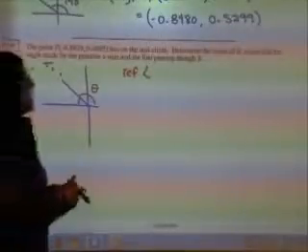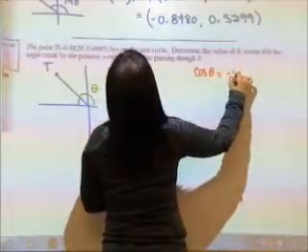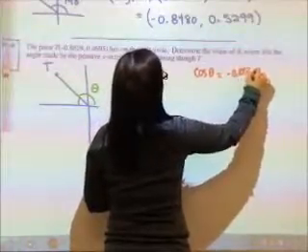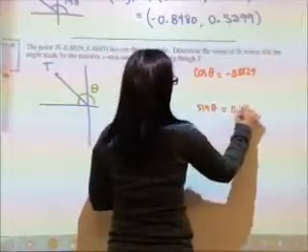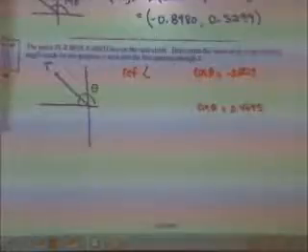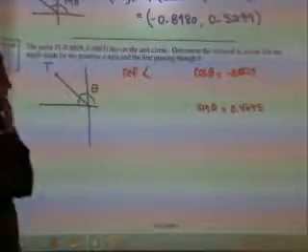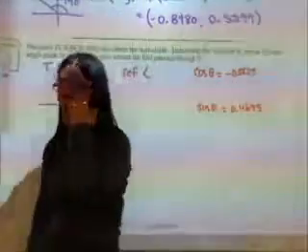They're cosine and sine, which means that cos theta equals negative 0.8829, and sine theta equals 0.4695. So if I used sine to find my reference angle, how would I do that?